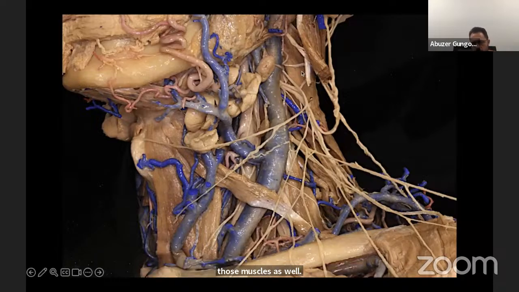And we see the cervical plexus, and then posteriorly the brachial plexus. This is the internal jugular vein, and this is the carotid artery that are located here. And then we can also see the vagus nerve, right here posteriorly.